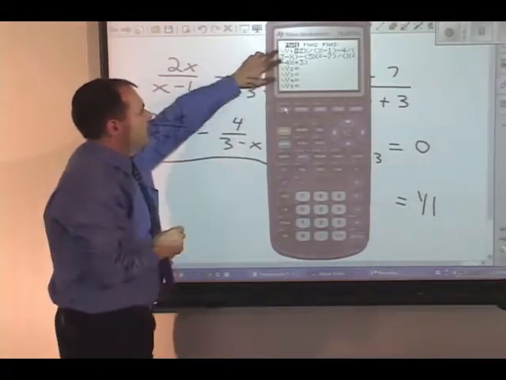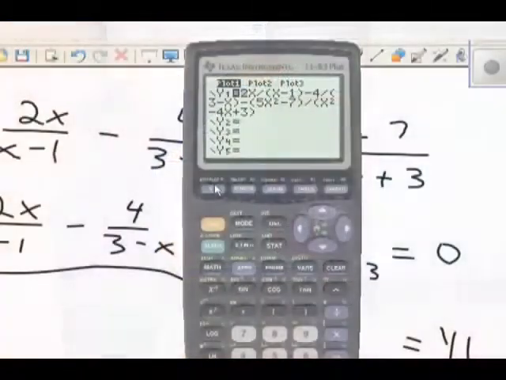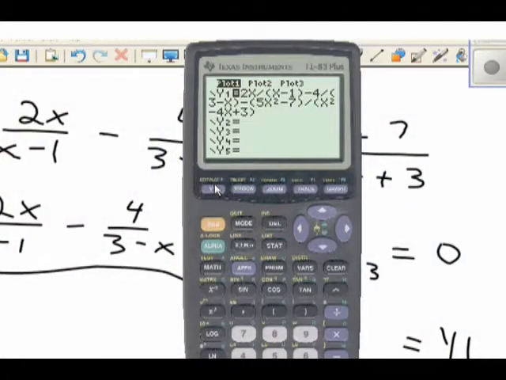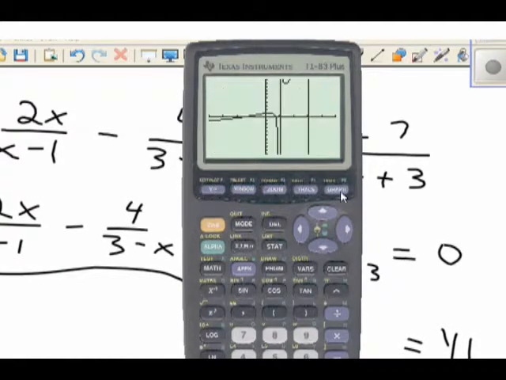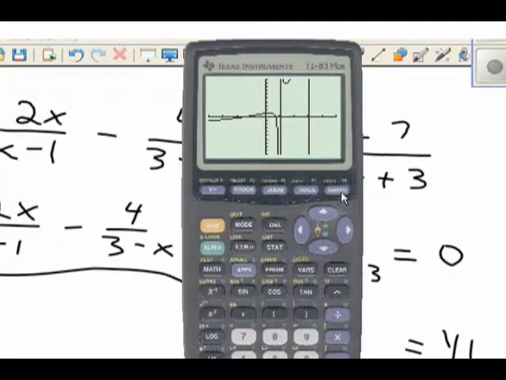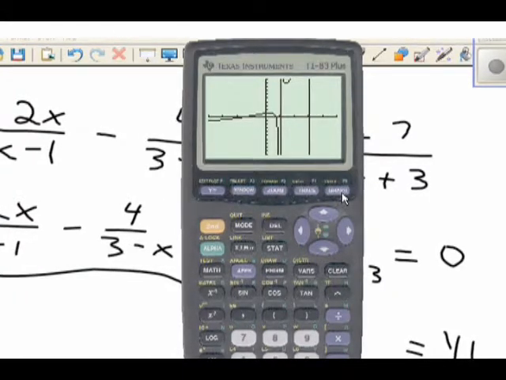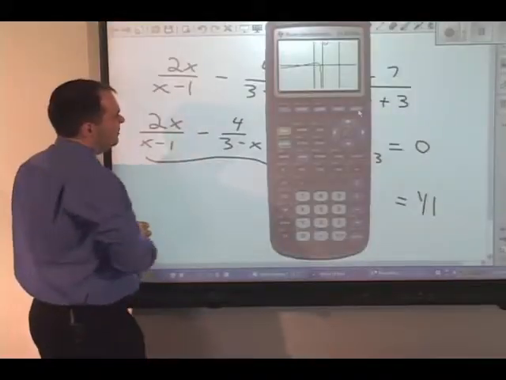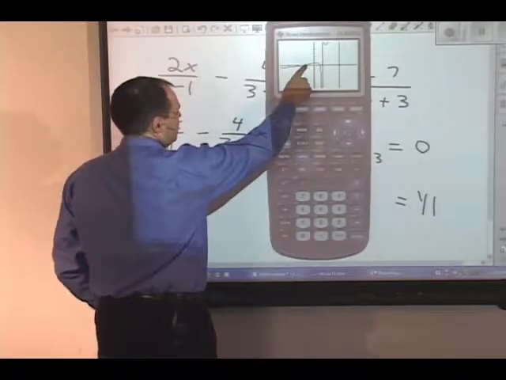As you can see, I've got my equation. It takes quite a bit of space, but it's in there just as I've shown you. And I'm now going to graph. And I have one graph. And my solutions this time, since I'm looking for where y is equal to 0, those would correspond to my x-intercepts. So I'm getting an x-intercept in this neighborhood.